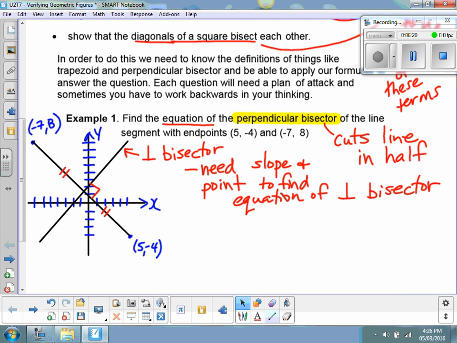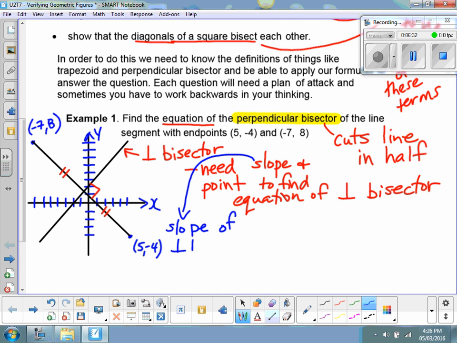Okay? So what do we know about the slope? Well, we know that the slope of the perpendicular bisector is the negative reciprocal of the other line.